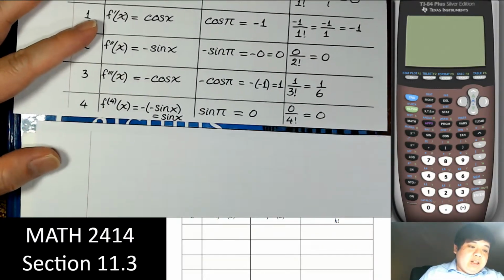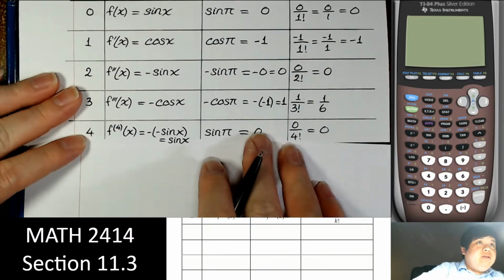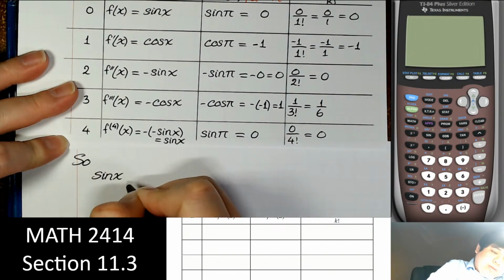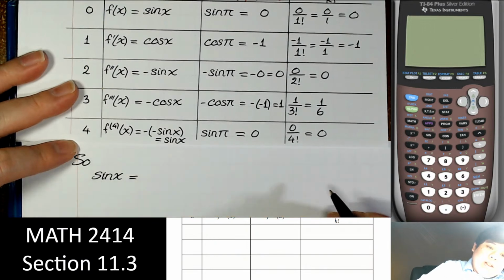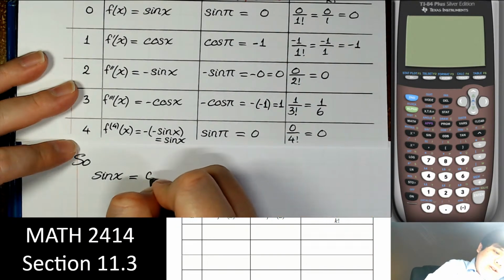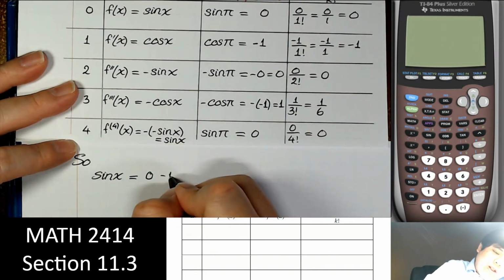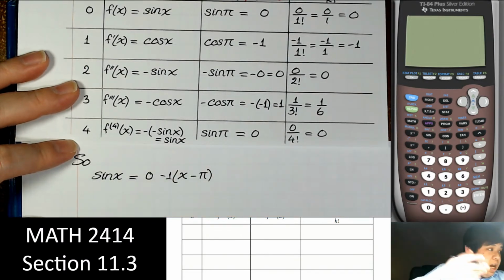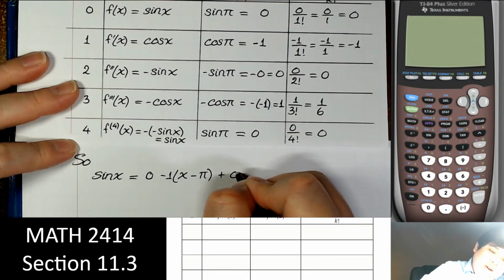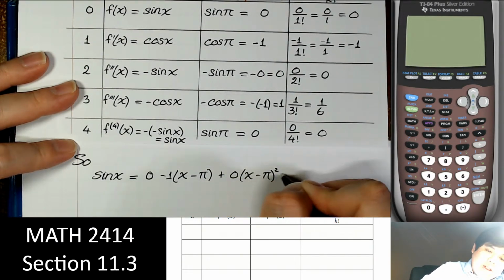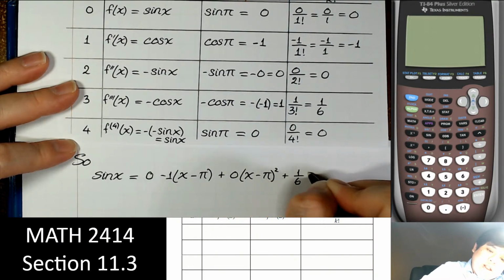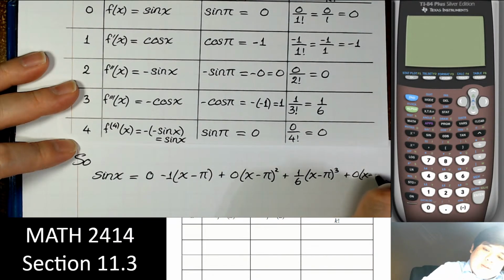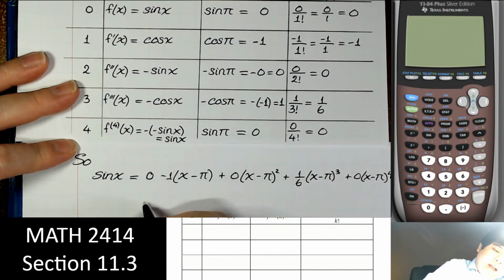When we put all of them together in a power series, we will have sine of x equal to 0, and then minus 1 times (x minus pi), because remember Taylor series is always x minus a, plus 0 times (x minus pi) squared, plus 1 over 6 times (x minus pi) cubed, plus 0 times (x minus pi) to the 4th, and the next one should be minus.